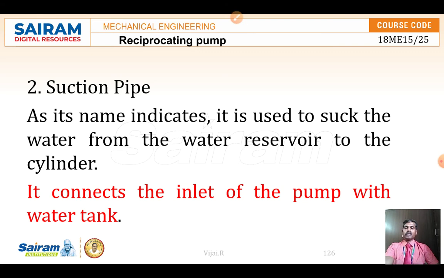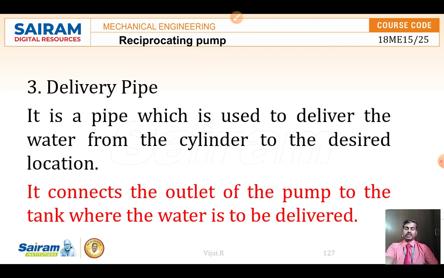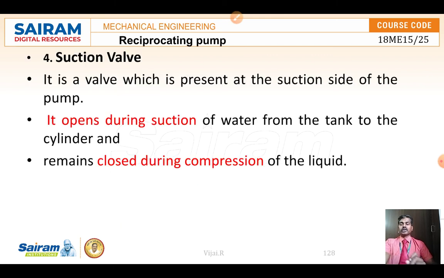When the piston moves this side, it sucks the water, and now the piston moves towards the cylinder head from the crankshaft, so that the delivery pipe, which is the output line, delivers the water. The delivery pipe and the cylinder are connected with a valve which is called the delivery valve.